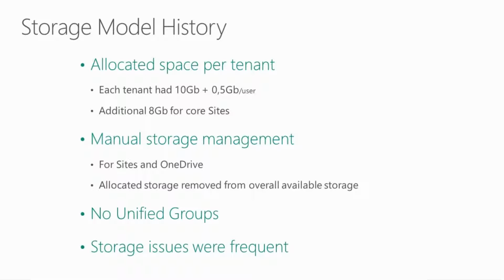Okay, so the first thing is the history of how it worked. Right until recently, each tenant had 10 gigabytes and 500 megabytes per user. This has been like this for a while. It changed recently.